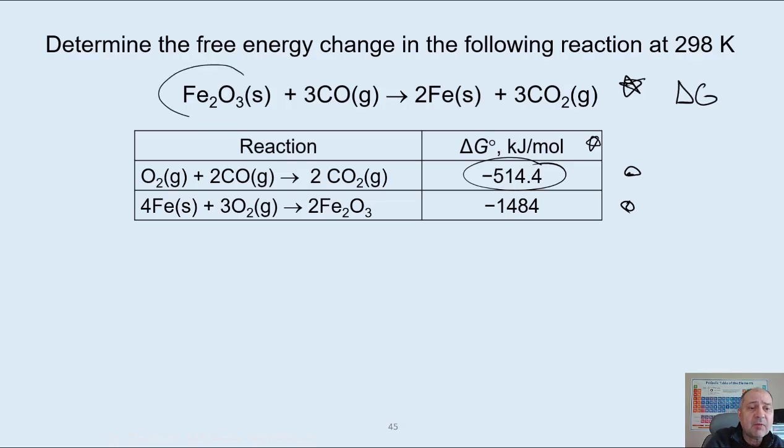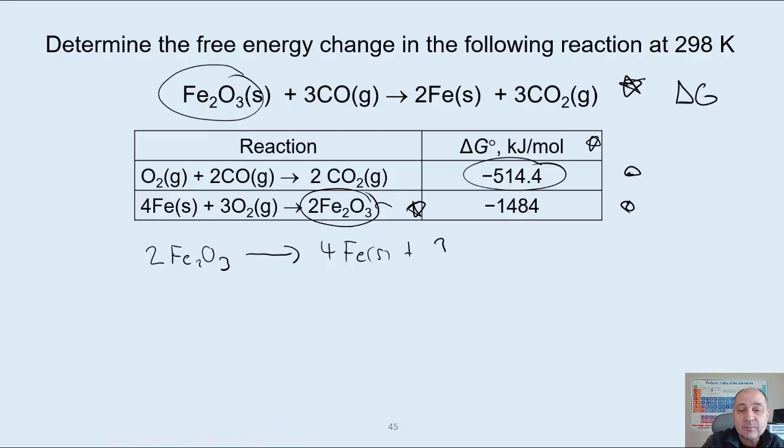Like here we have iron 3 oxide as a reactant. So if we're going to use this equation here, we need to put iron oxide in the right position, which is the reverse. So this would be 2 Fe2O3 going to iron and oxygen.